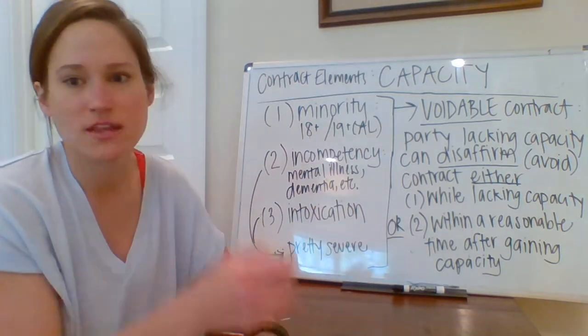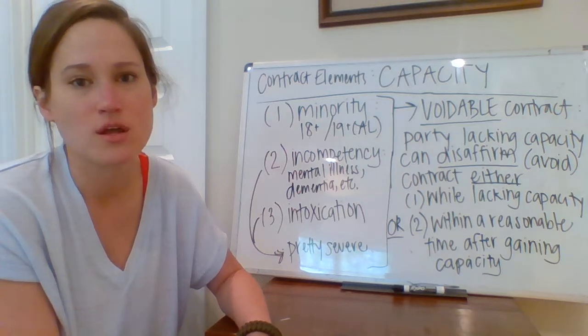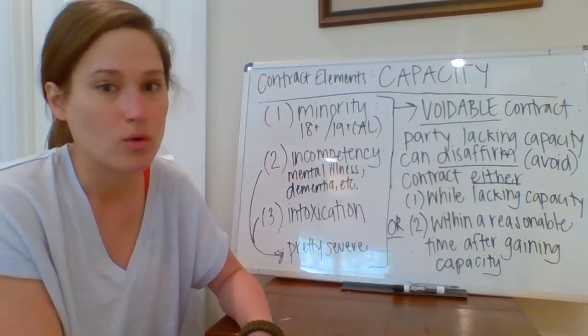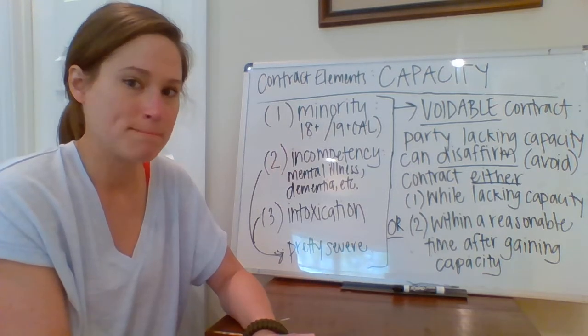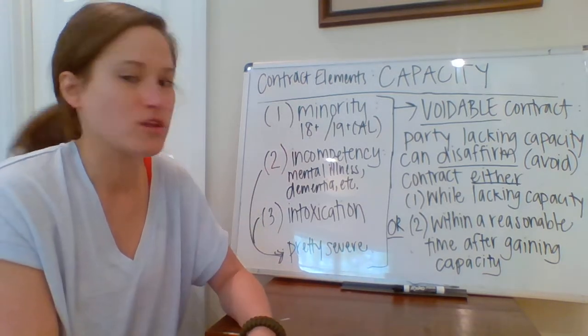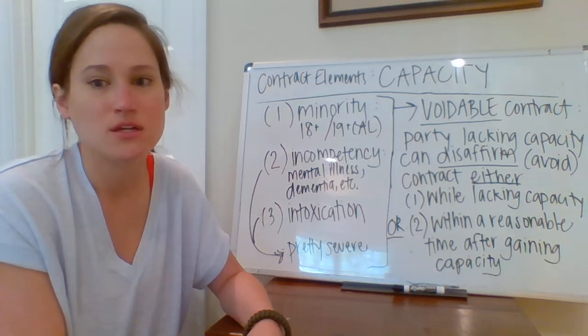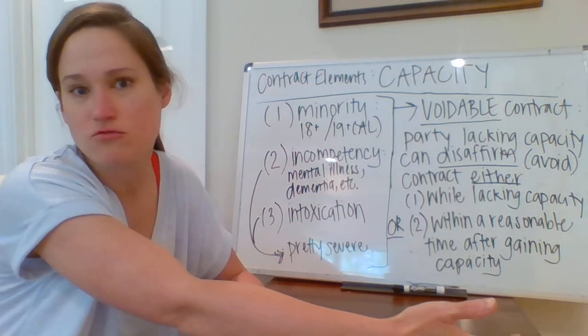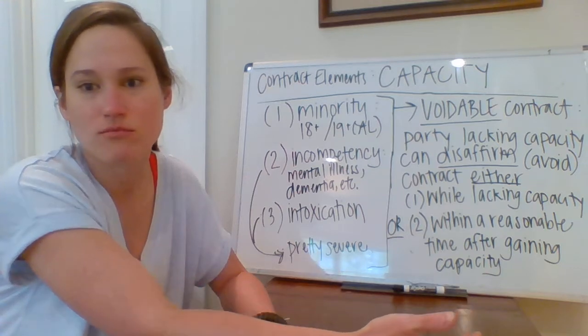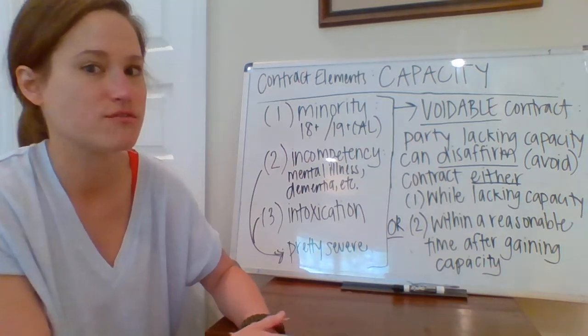With intoxication, that one's pretty straightforward. When you sober up or when the drugs wear off is when that capacity problem goes away. But if you enter into a contract when you're so drunk that you lack capacity, the whole time you're super drunk and lacking capacity, you have the option to disaffirm.